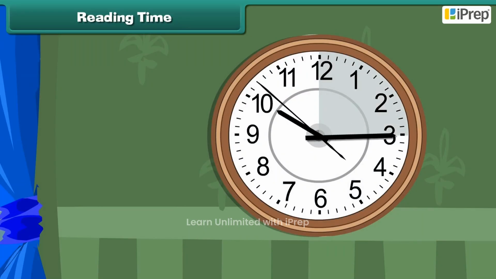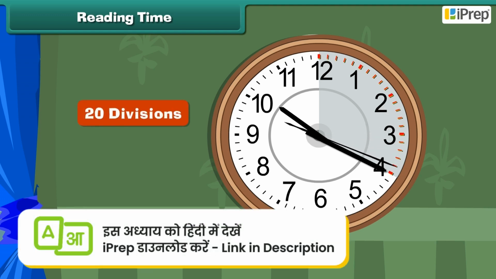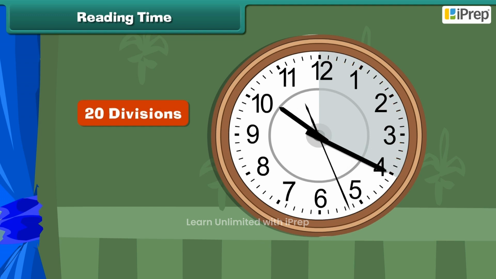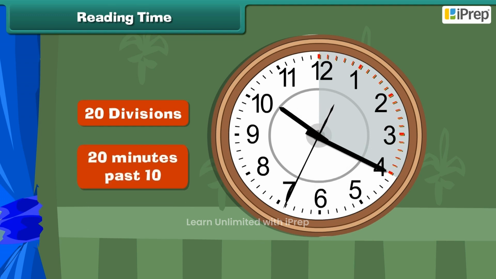When the minute hand is between 12 and 6, the time is read as so many minutes past the hour. For example, suppose the hour hand is at 10 and the minute hand is at 4. Between 12 and 4, there are 20 divisions. This means 20 minutes are completed after 10 o'clock. This time is read as 20 minutes past 10.